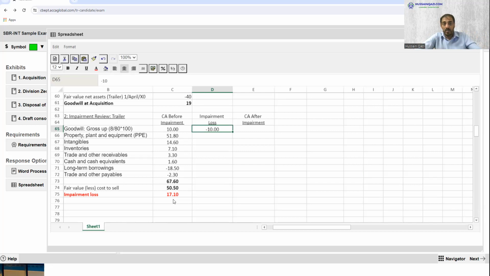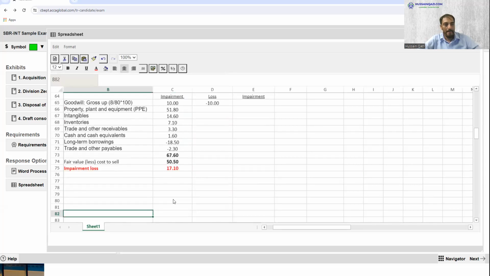But goodwill is under the proportionate method. So regarding the allocation of the goodwill, the goodwill impairment recognition only affects the parent, that is CR, and the amount is only 8. It's very simple.